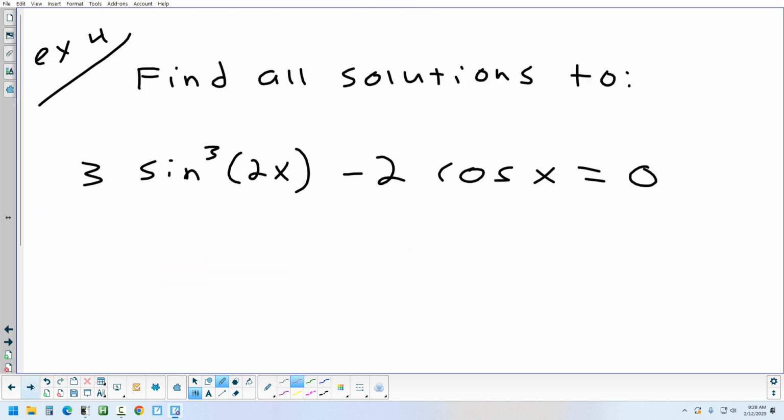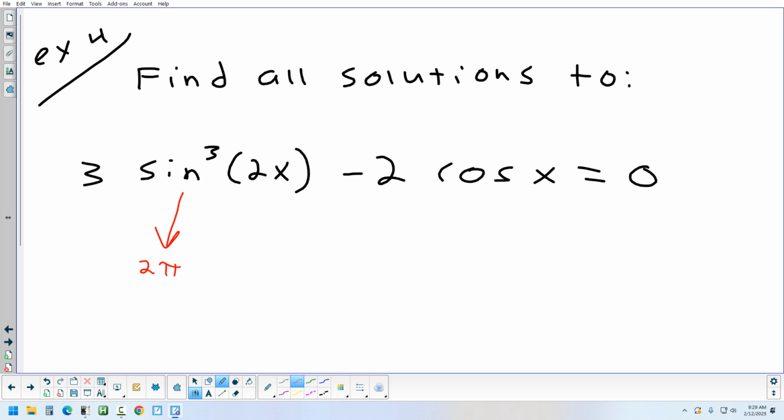All right, let's try this one. Find all solutions to 3 sine cubed 2x minus 2 cosine x. Okay, so let's start with this one. Sine cubed. What's the formula we're going to use to find the period of sine cubed? Period equals 2 pi over 3?